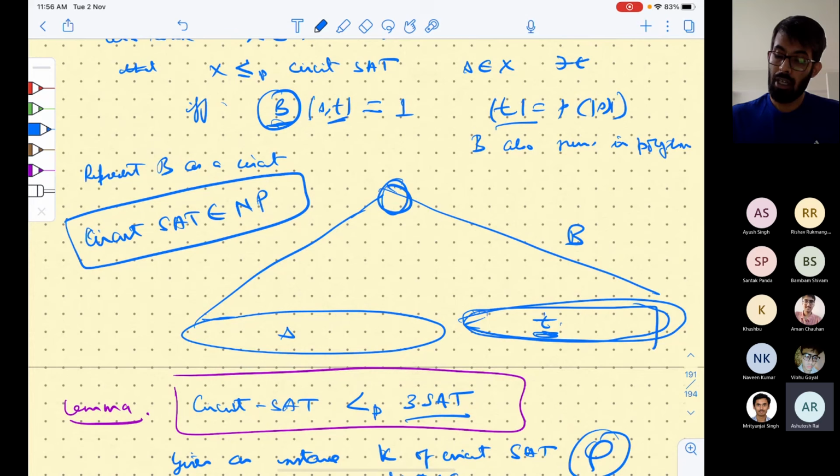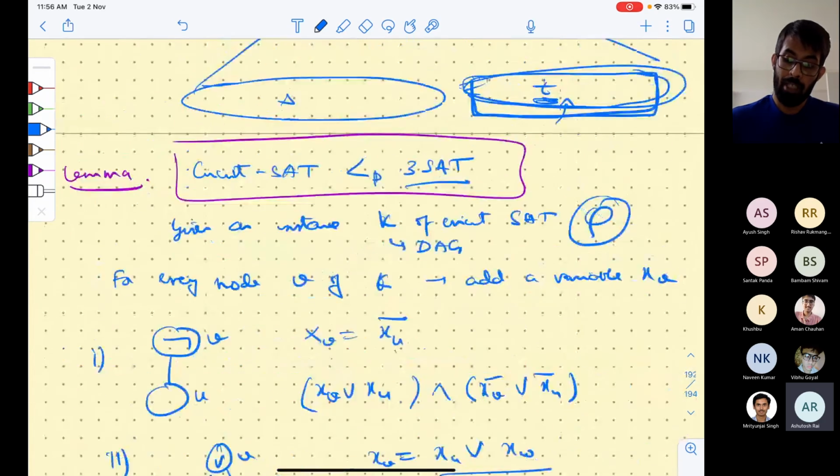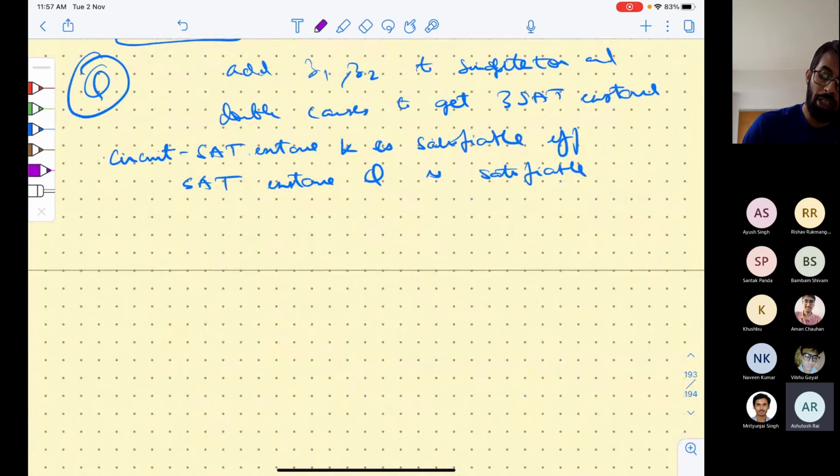Since we are taking the T input here, T is just a string that gives assignment to these nodes in circuit SAT. So circuit SAT belongs to NP also. So we know that circuit SAT is NP complete. Similarly, 3 SAT also belongs to NP. We know that it belongs to NP. So 3 SAT is NP complete.